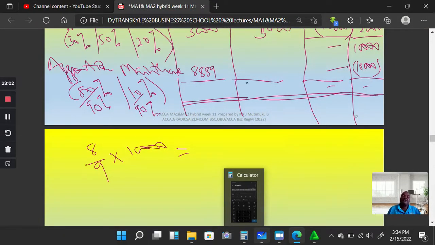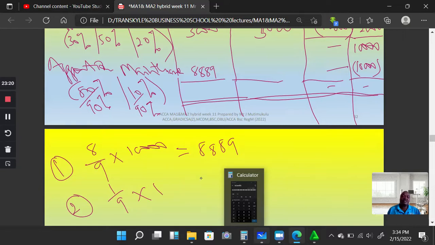Okay, and then you do the same. So we are saying here is 8,889, and that is for production cost center 1. And for production cost center 2, you just have to say 1 over 9 multiplied by 10,000.